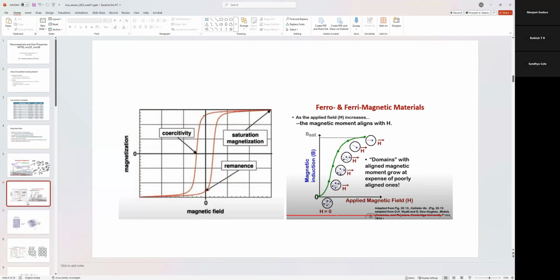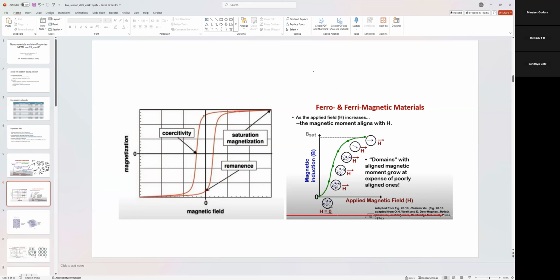We have ferromagnetic metals, that are soft and hard magnets. So in the ferromagnetic material, initially when the magnetic field is zero, they are all randomly oriented.